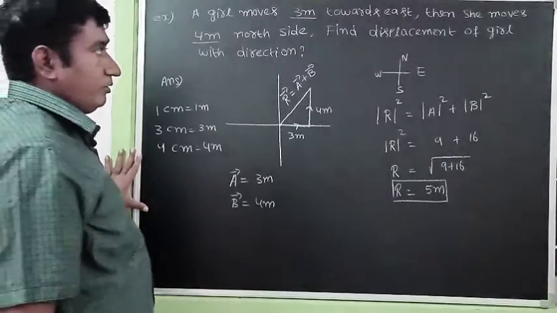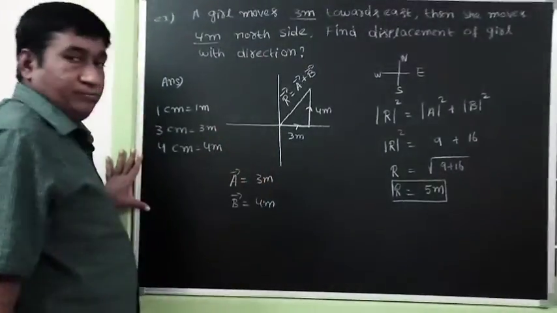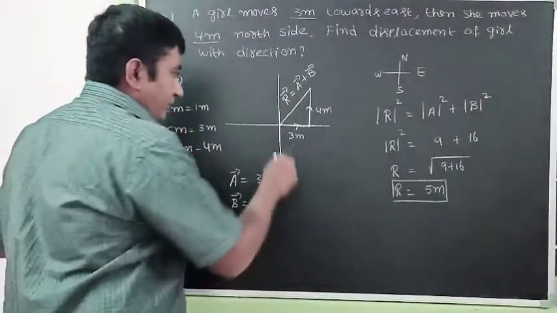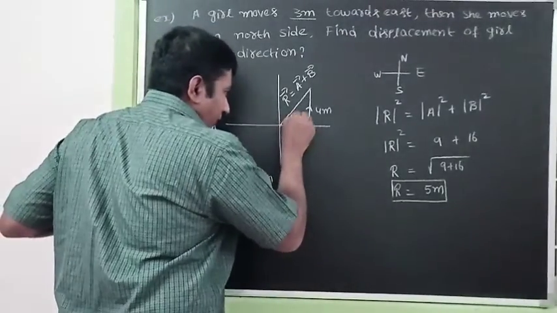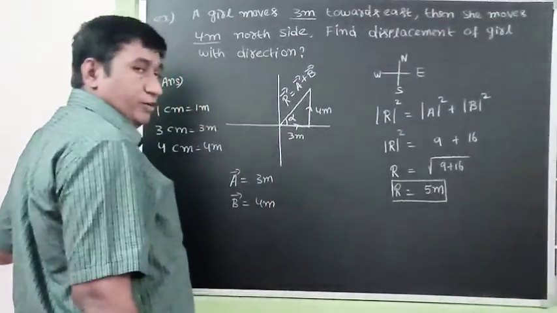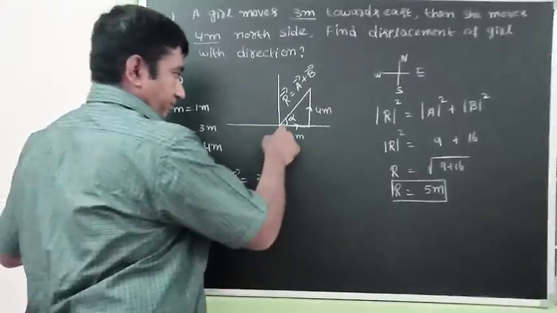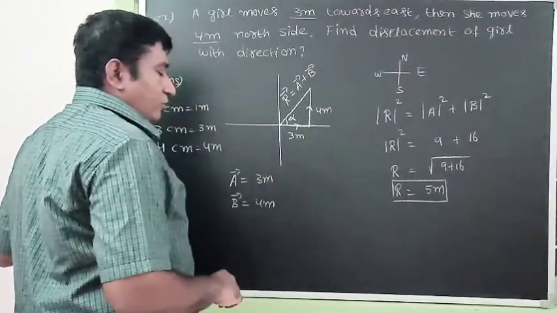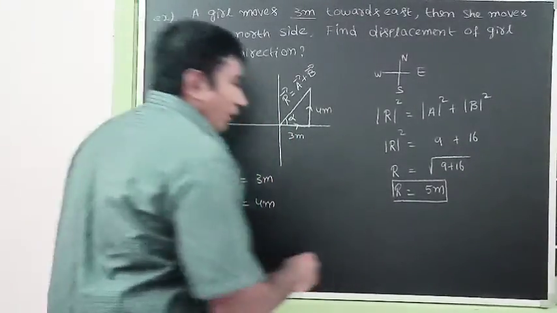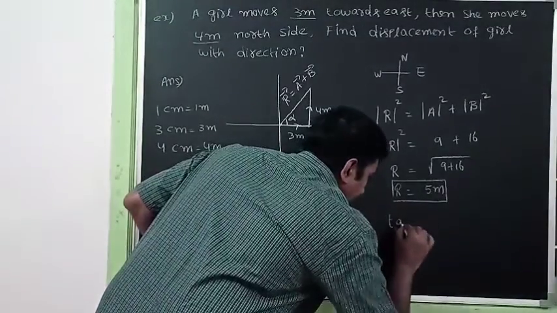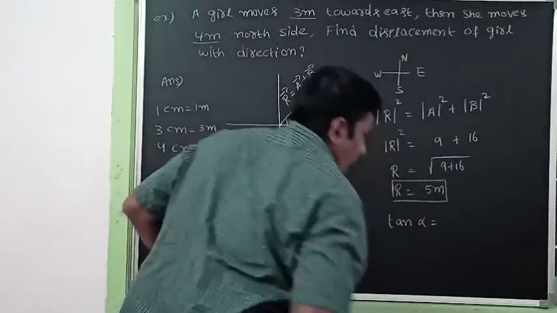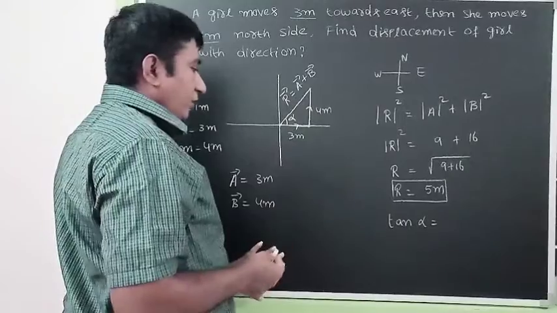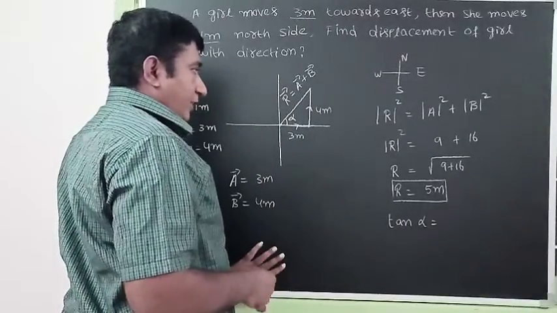Then what about its direction? Just now I said that if this is the angle alpha with respect to A, then I can write tan alpha equals opposite side by adjacent side.